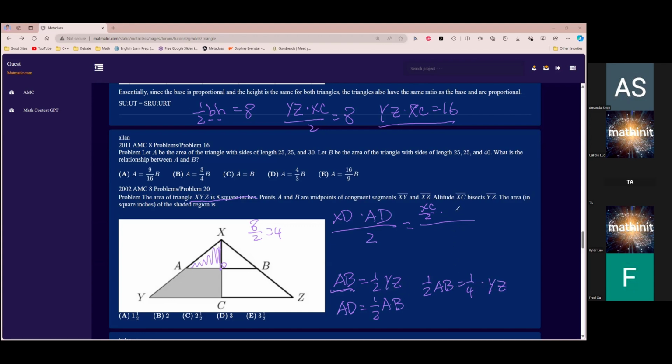So AD could replace this as 1/4 of YZ divided by 2, and you would get 16 over XC times YZ, and then you could just replace this in here, so you get 16 over 16 equals 1. So triangle XAD is equal to 1. So the shaded region would be just 4 minus 1, which is 3. So your answer is D. Does that make sense? Yeah, we good. Okay.